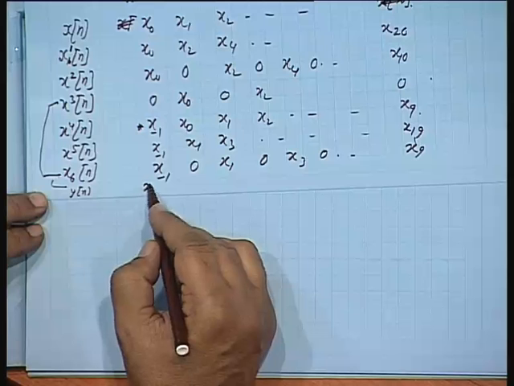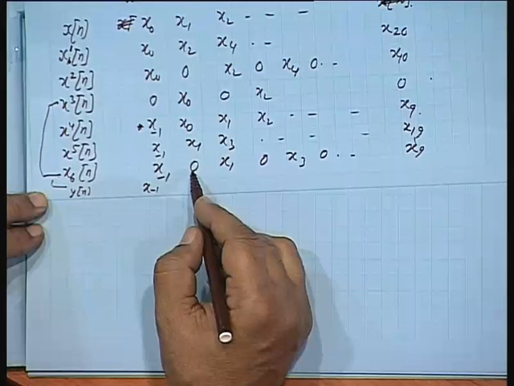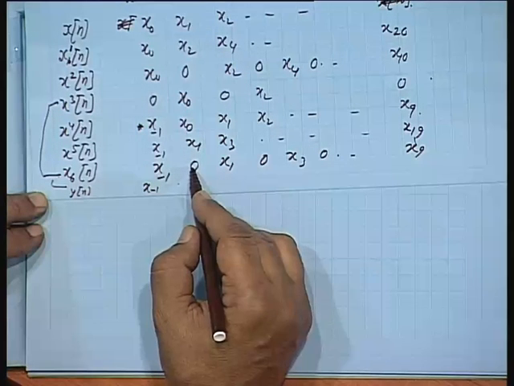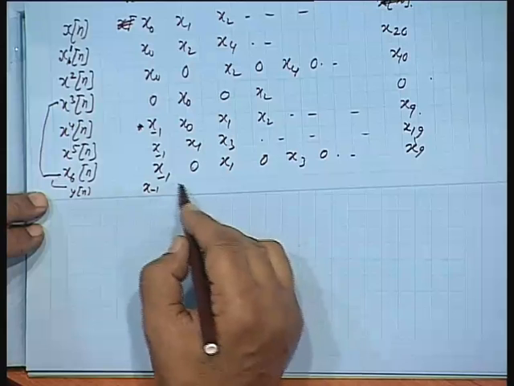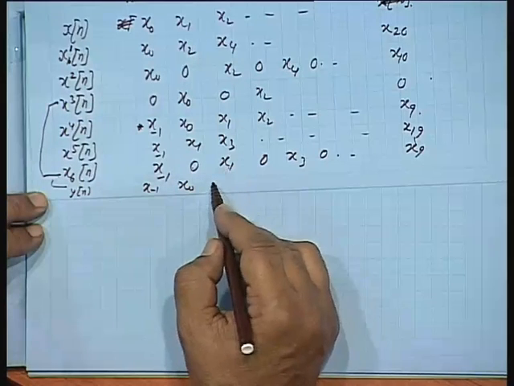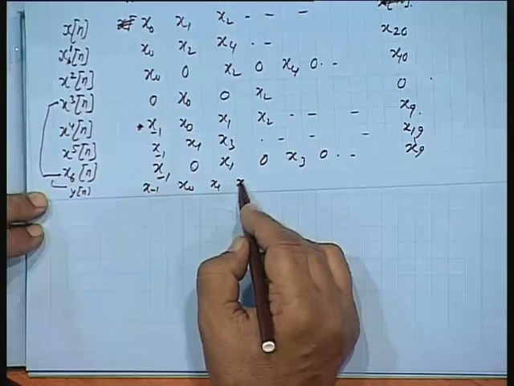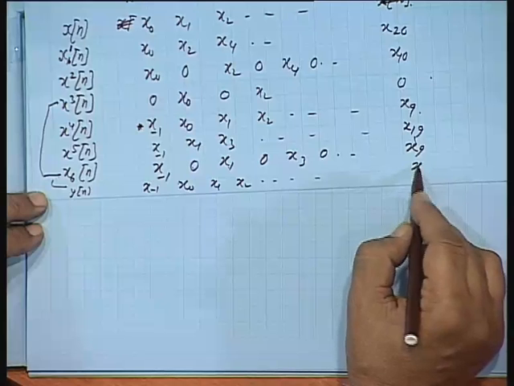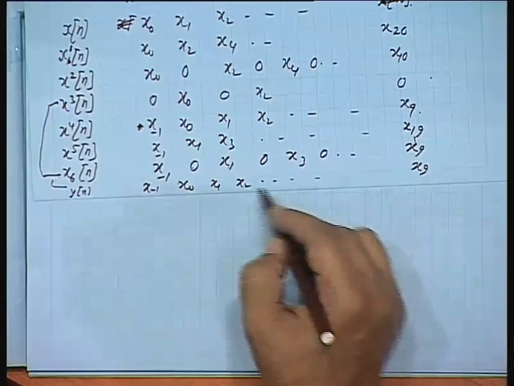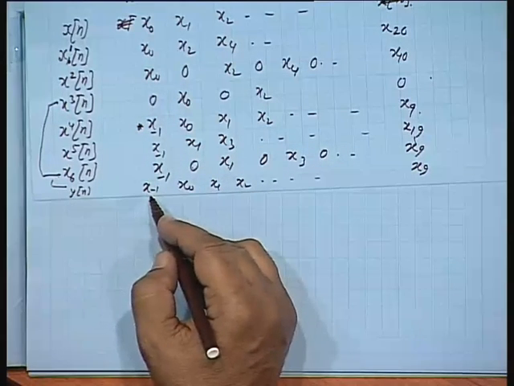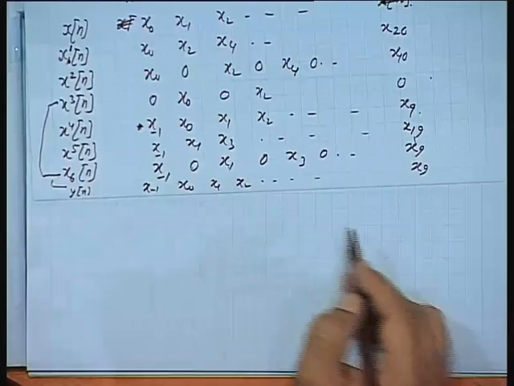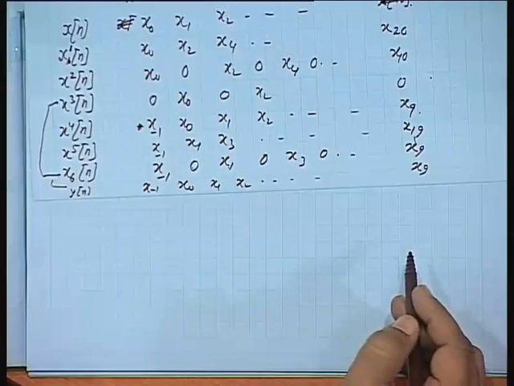It will be x minus 1, then 0 and x0, then x1, x2, you will get x9. You will get back the original sequence except for this one shift. Okay. You get the shifted version of the same input sequence.